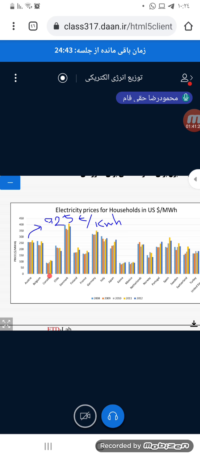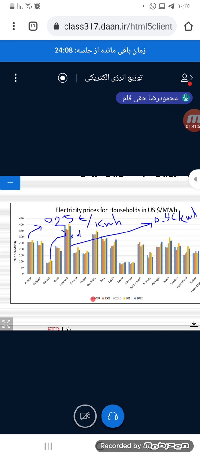In Canada it is approximately 0.1 dollar. And in Denmark and Germany, Denmark is the highest, at 0.4 per kilowatt hour. Okay.